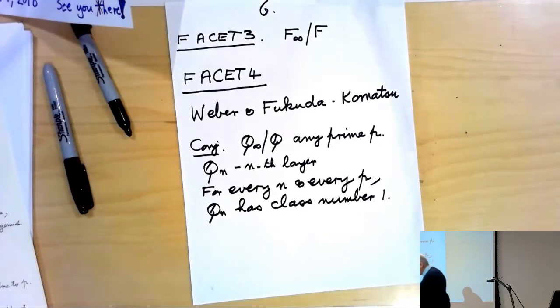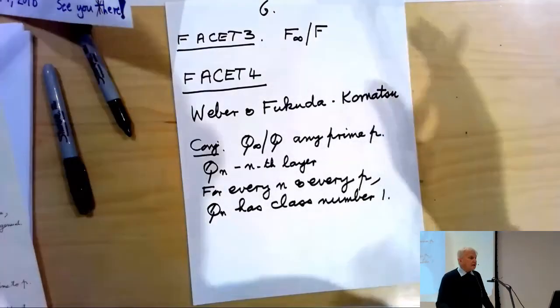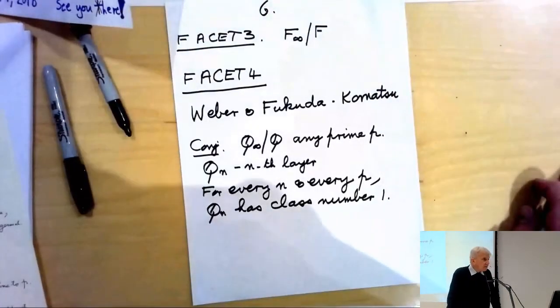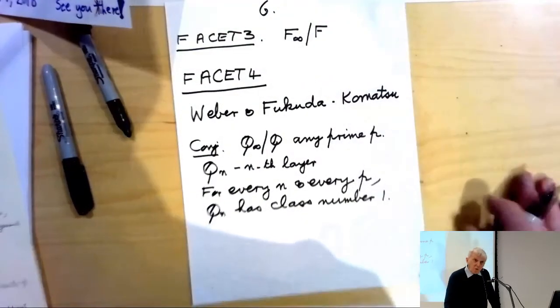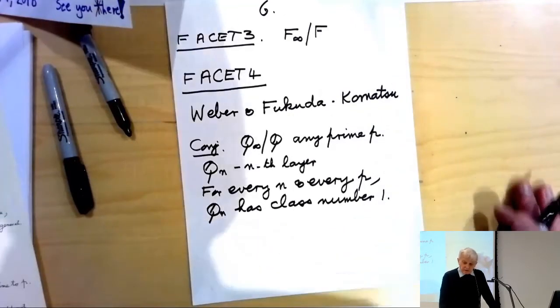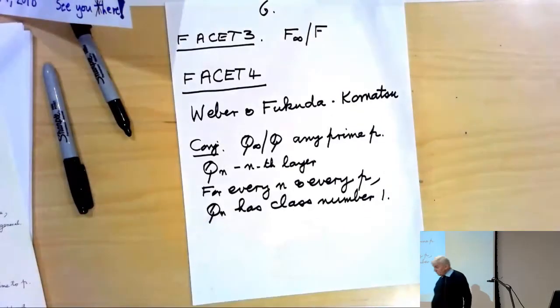This is totally surprising. The case p equals 2 goes back to Weber. Iwasawa proved long ago, it's one of the first results of his theory, that the class number of Q_n is prime to p for every n. But this is a much stronger statement. It's saying the class number is always 1. And the Japanese mathematicians have found some striking evidence in support of this conjecture.